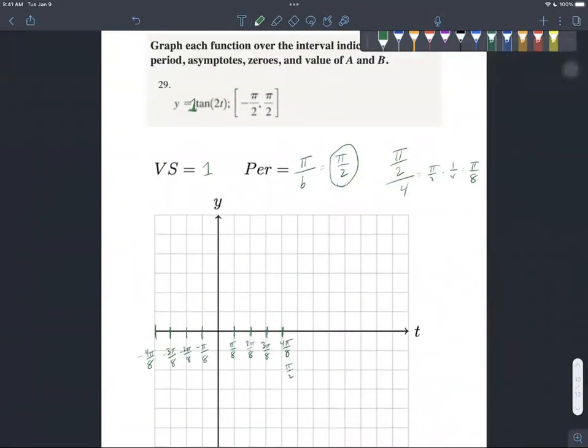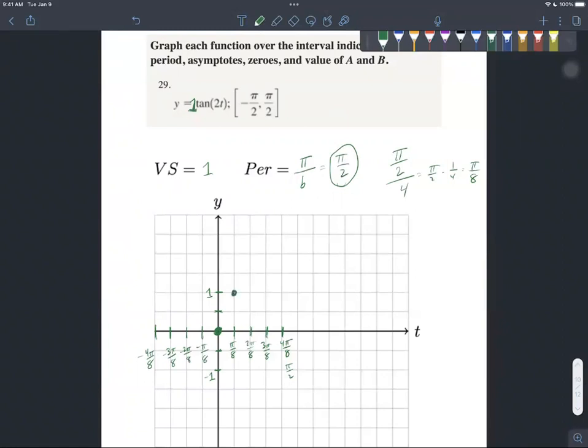It will have a 0 here. And let me go ahead and use 2 tick marks to represent a value of 1. And so 2 tick marks in the negative direction will give us negative 1. And so if we have our 0 at the origin, then at pi over 8, we're going to have a value of positive 1.